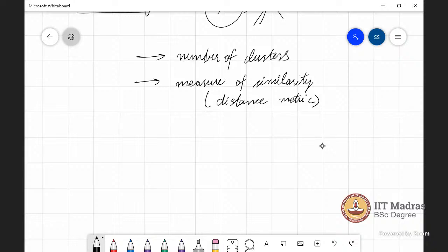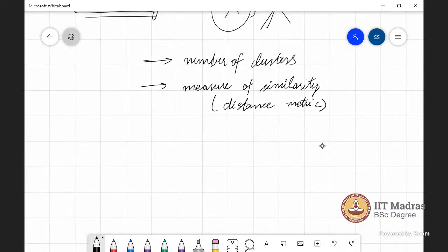Therefore, for the k-means algorithm that we are covering this week, k is a hyperparameter. That means we have to experiment with different values of k, and based on a certain metric which we will be discussing, we are going to choose the best value of k.